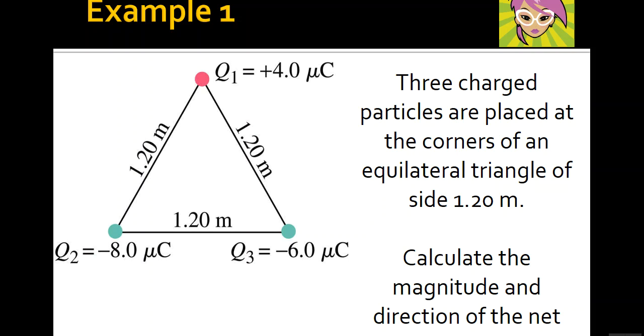What is the force that it's going to feel from that? Attraction. Is it equal to this or less? Less, because this is a bigger charge than this. So you're going to draw another arrow here, but maybe a little bit shorter. So if we were to take the resulting force on this charge, what would the vector look like?